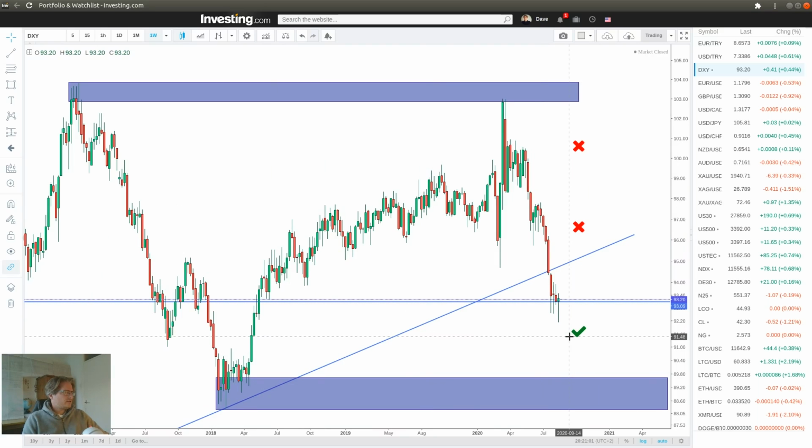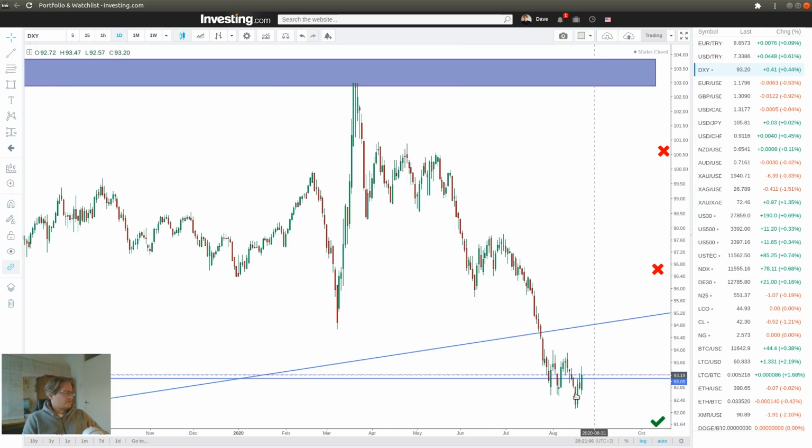But when looking on the daily, I saw that we have broken far below this support line, and then I said, okay, now this is definitely going into a bear market. And then a few days later the dollar went up again, faking me out, as well as many other traders probably.